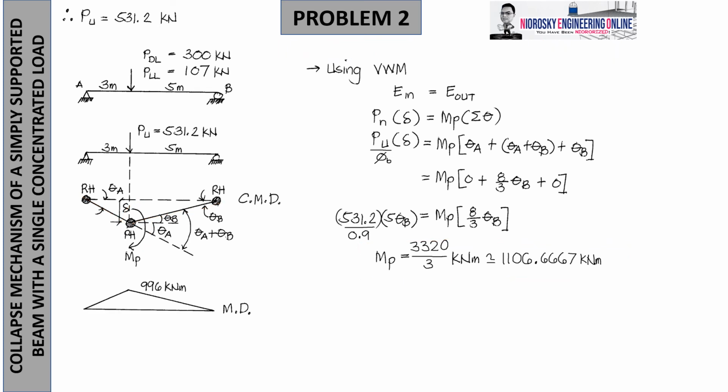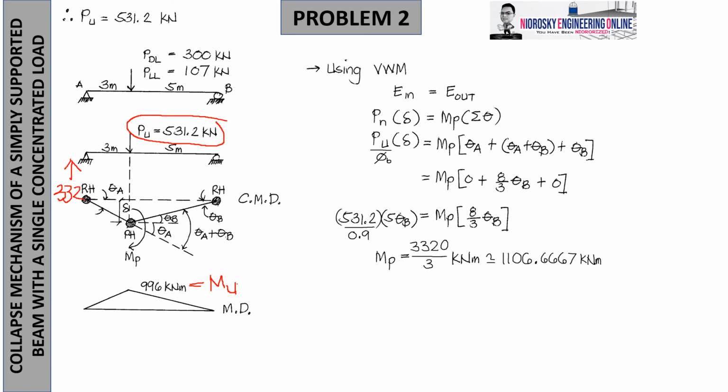Again, this 996 kilonewton meter looks like our M sub U. This is calculated based on PU of 531.2. So, you can verify. So, by computing the reactions, so, ang reaction niya ng kabila, no, under ultimate, that is around, let me calculate, times 5 divided by 8, that is 332, okay?